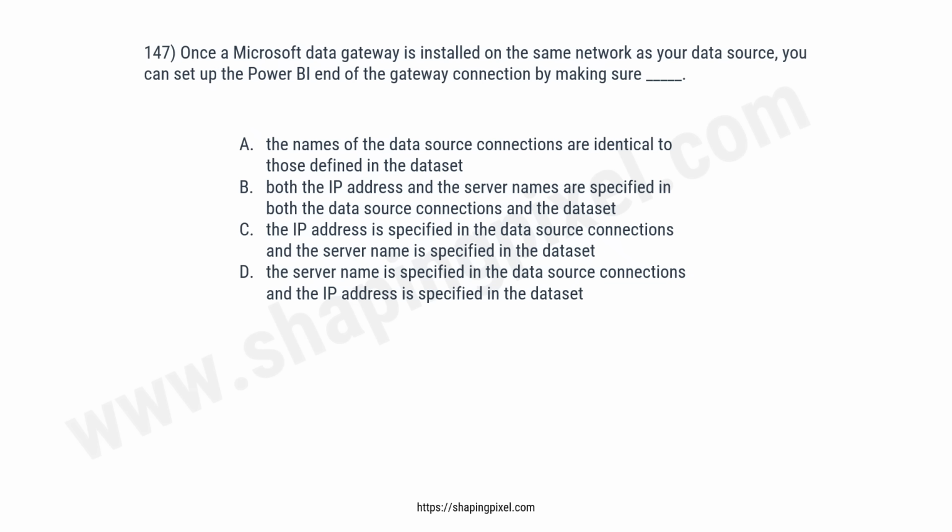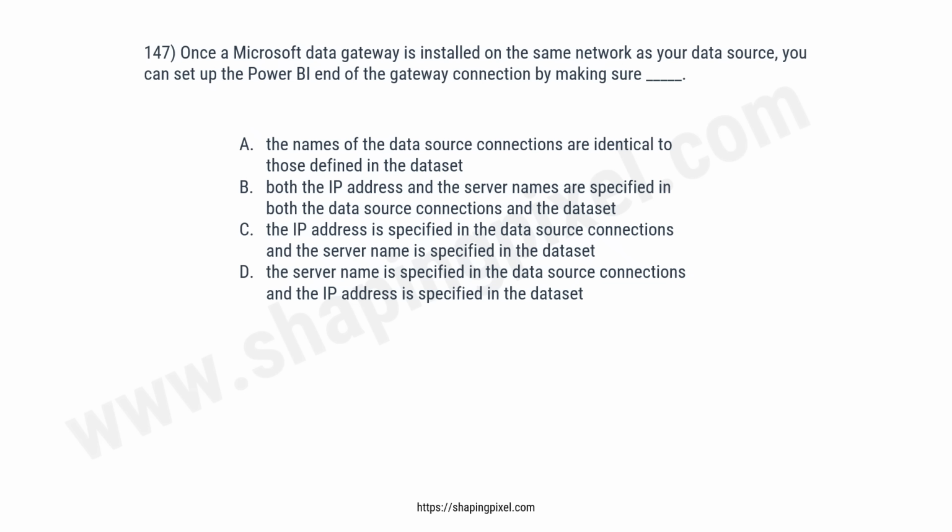Question number 147. Once a Microsoft Data Gateway is installed on the same network as your data source, you can set up the Power BI end of the gateway connection by making sure dash. And we have four options. Option A, the names of the data source connections are identical to those defined in the dataset. Option B, both the IP addresses and the server names are specified in both the data source connections and the dataset.